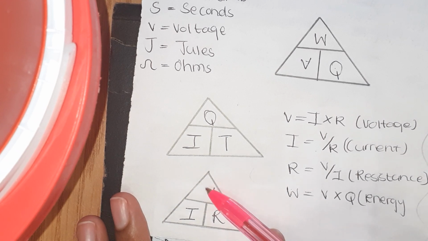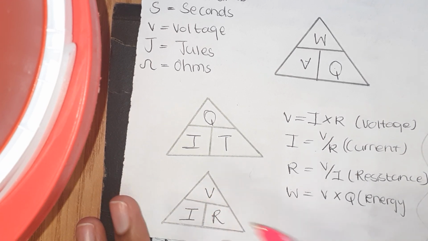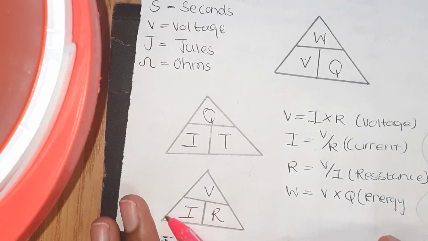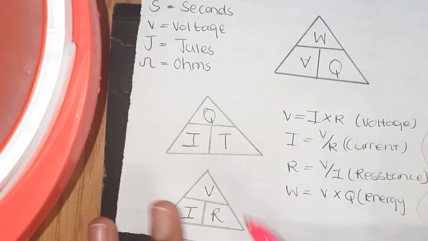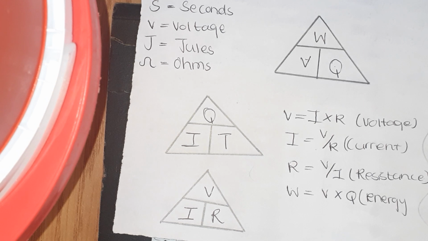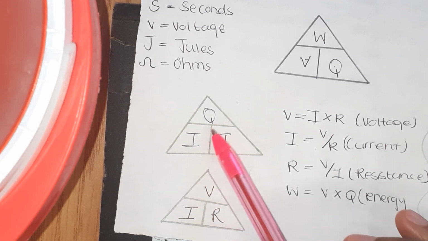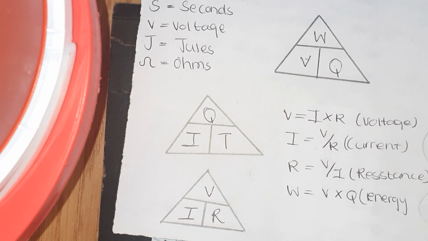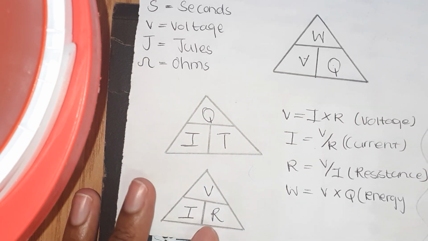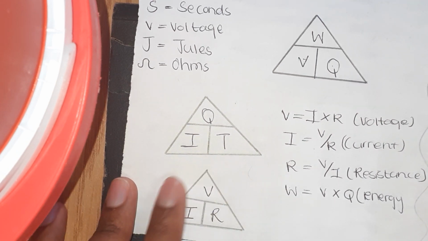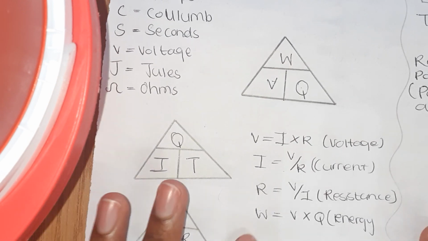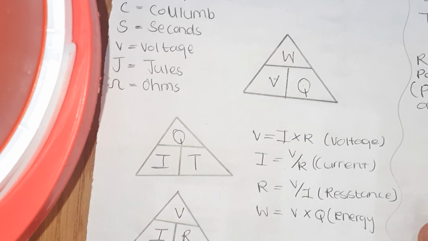And your voltage, you get by multiplying your current and your resistance. For grade 10, all these three are used all the time. But in grade 11 and grade 12, this is the most popular triangle that you have to know.